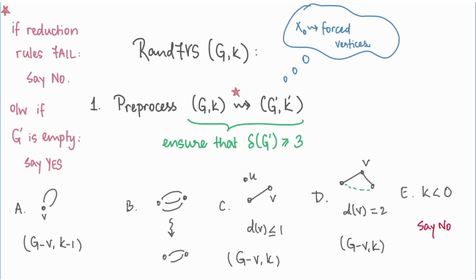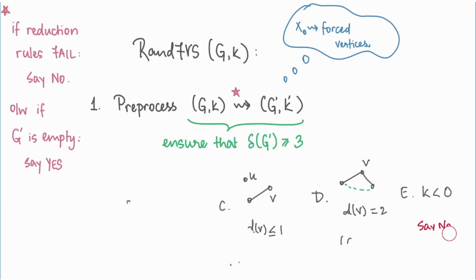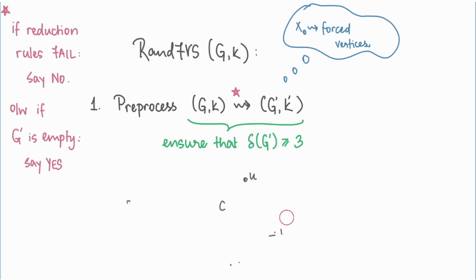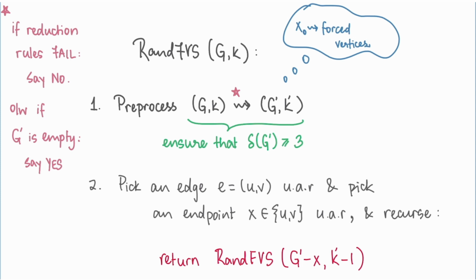At this point, we can move on to the next phase of the algorithm where we actually perform the random experiment. So hopefully, with all this pre-processing in place, we get to a situation where we can have a decent congestion of edges that go across any hypothetical solution and the forest that is left behind if this was a yes instance. The random experiment itself is very simple. All that we do is we pick an edge uniformly at random, and we pick one of its endpoints uniformly at random.